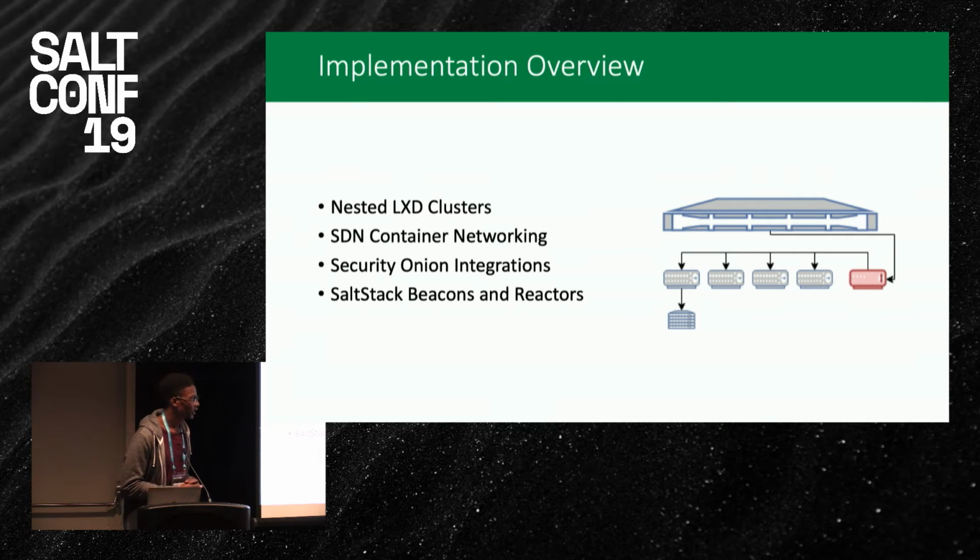The red one is the master node, which contains the Salt master, and it also contains the software-defined network controller, which is communicating with the Salt master to change routes from the different zone clustered containers to other zone clustered containers.